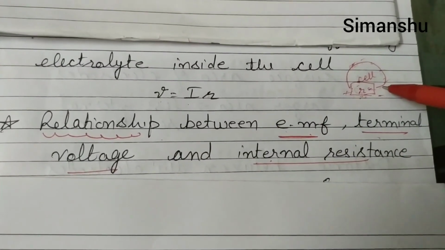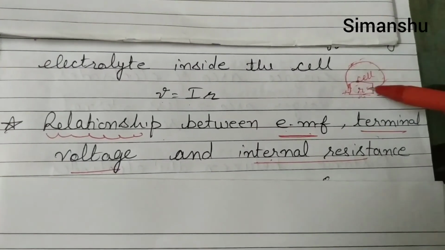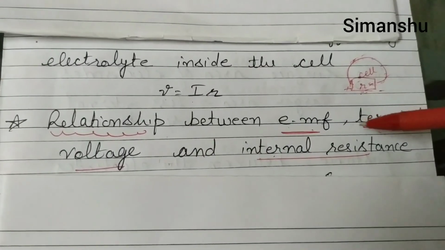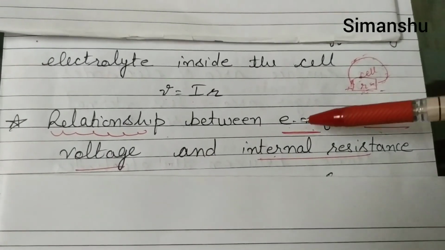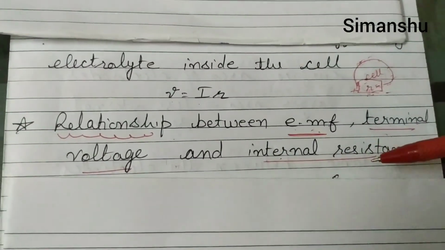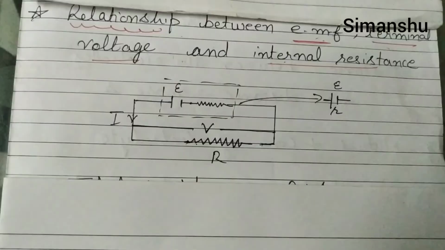After inserting the key, the potential difference between the two terminals is the terminal voltage. Why is there a difference between EMF and terminal voltage? Due to internal resistance. So let us talk about the relationship.